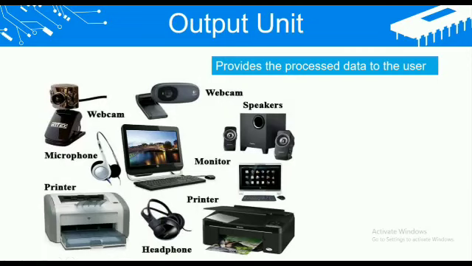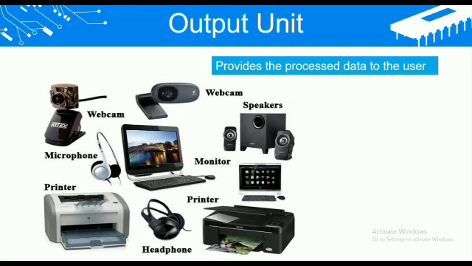The last unit of the computer system is the output unit. The output unit provides the processed data to the user, that is, the result generated after the data is processed. That is, the CPU processes all the data that is obtained from the input device.